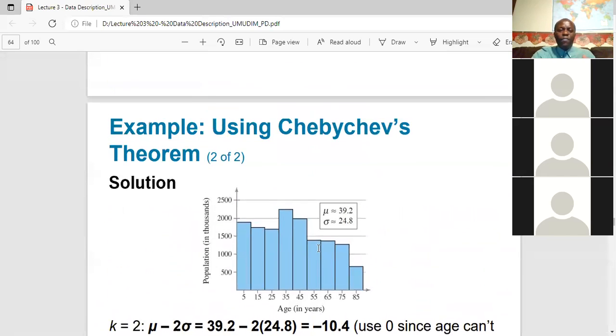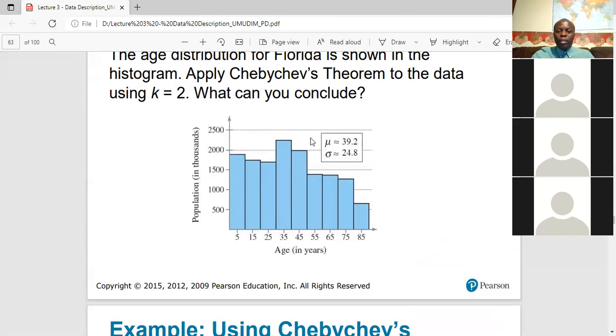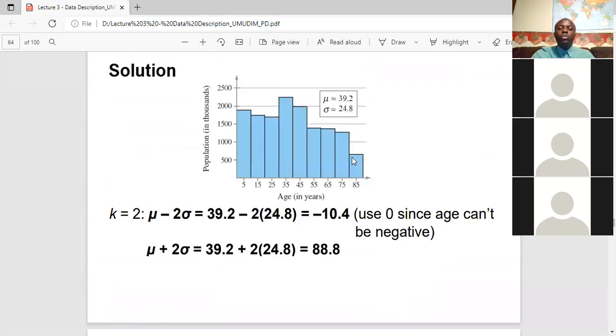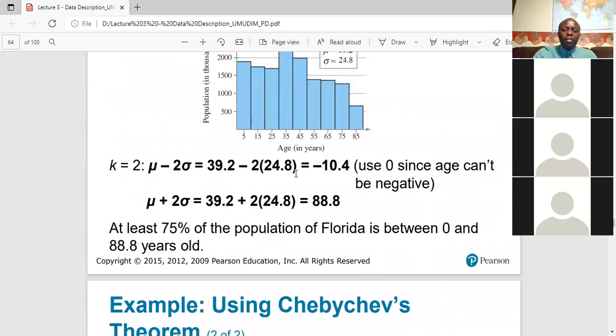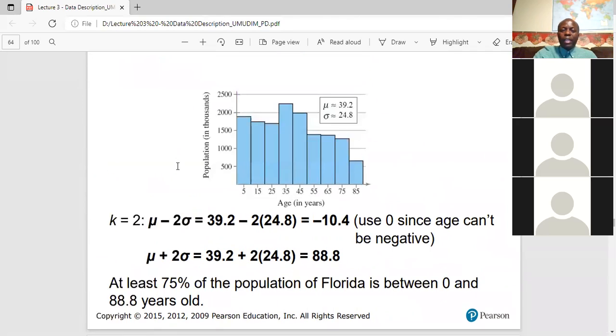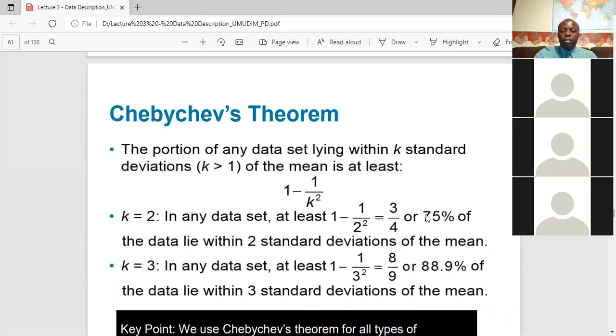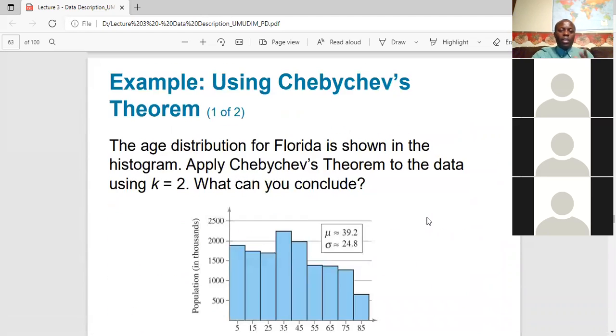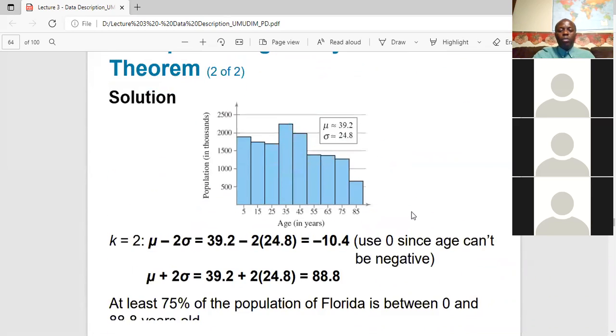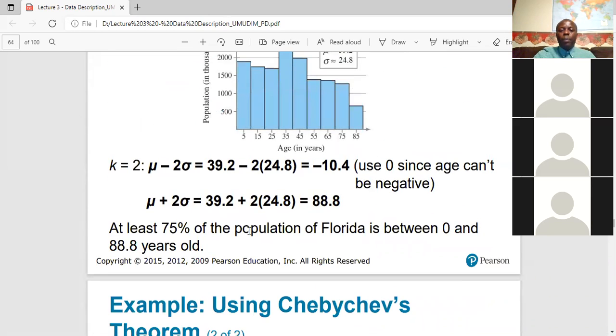So from the information that K is 2, the mean is 39.2 and the standard deviation is 24.8, we can conclude, remembering that K equals 2 is associated with 75% according to the Chebyshev theorem, that at least 75% of the population of Florida is between 0 and 88.8 years old.